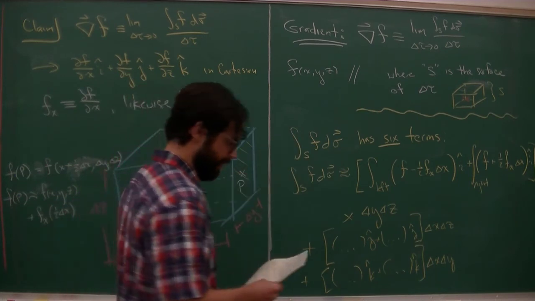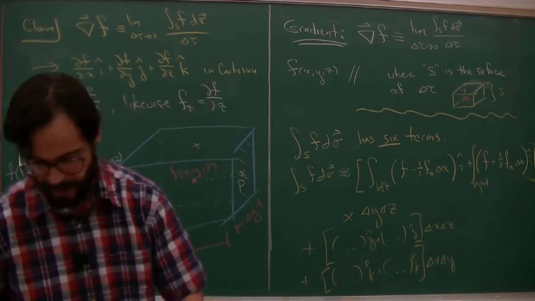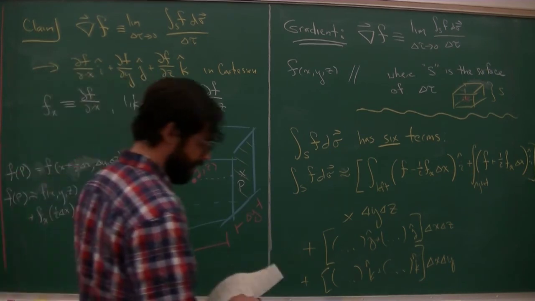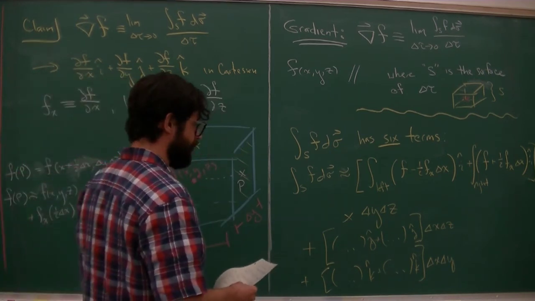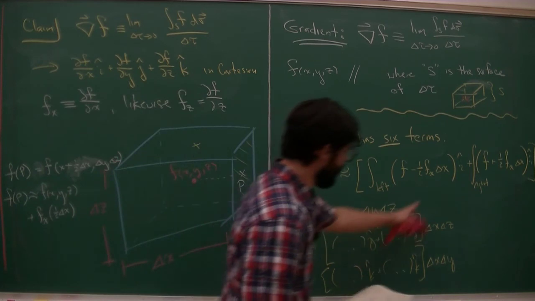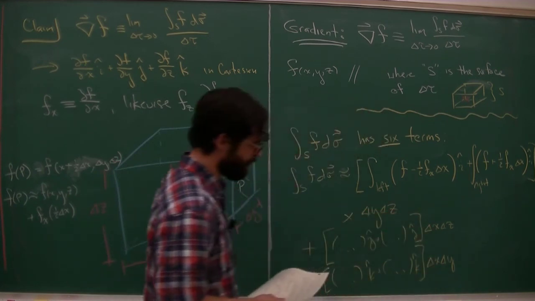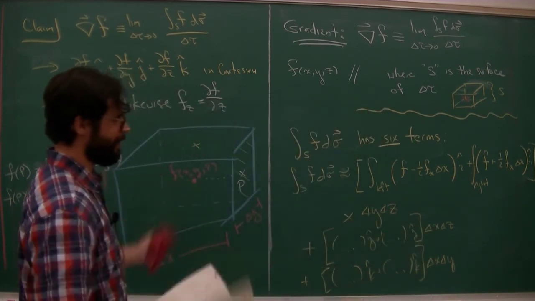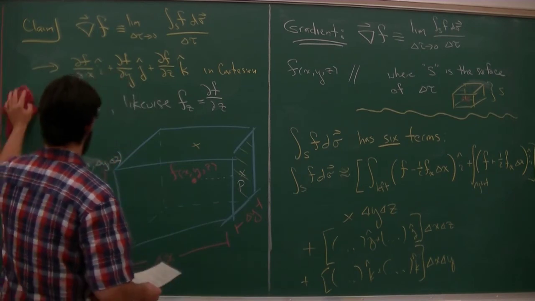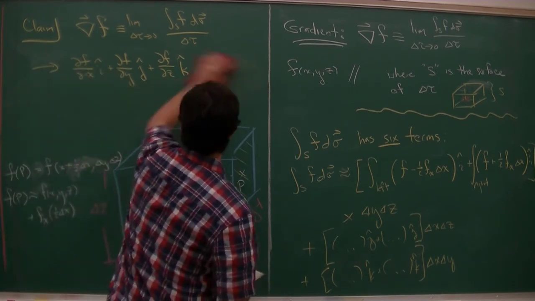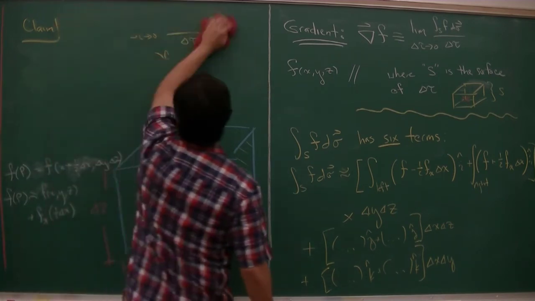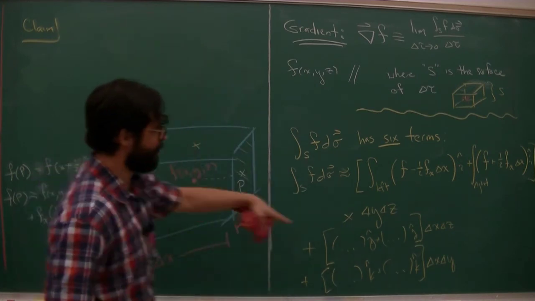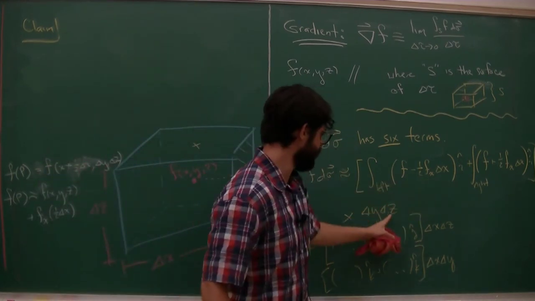Okay, so I have all these things. It's so horrible. Now I'm going to take the limit as delta x and delta y and delta z go to dx, dy, dz. And then you can follow along at home and multiply all this stuff out. But what you can see is that each one of these terms has a delta x, delta y, delta z.